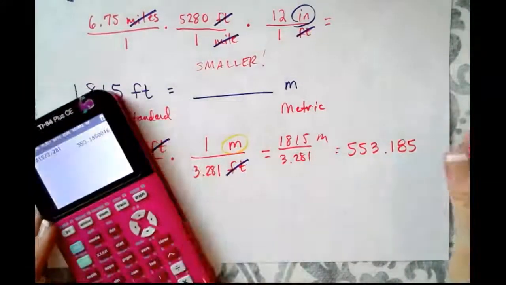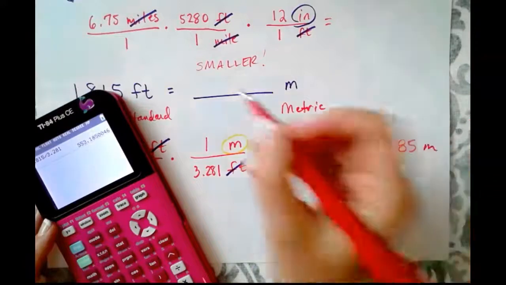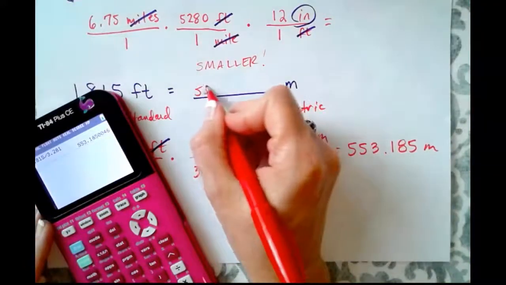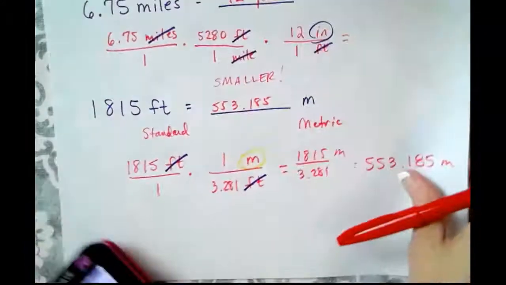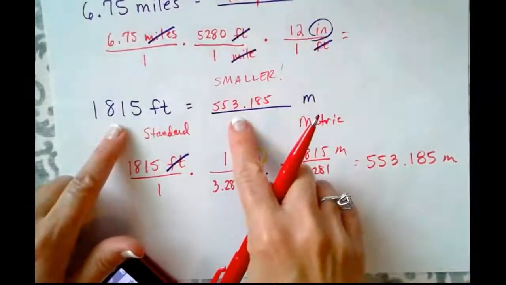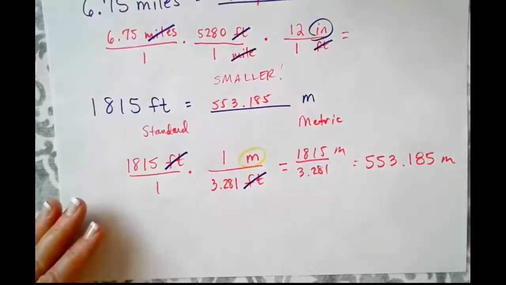That's a very precise answer. So 553.185, and yes, that number is smaller than what we started with, so it makes sense.